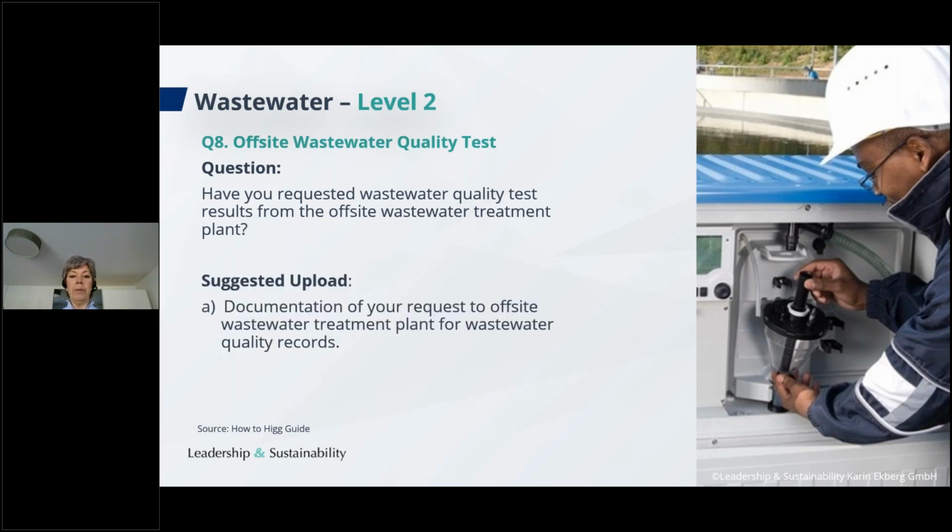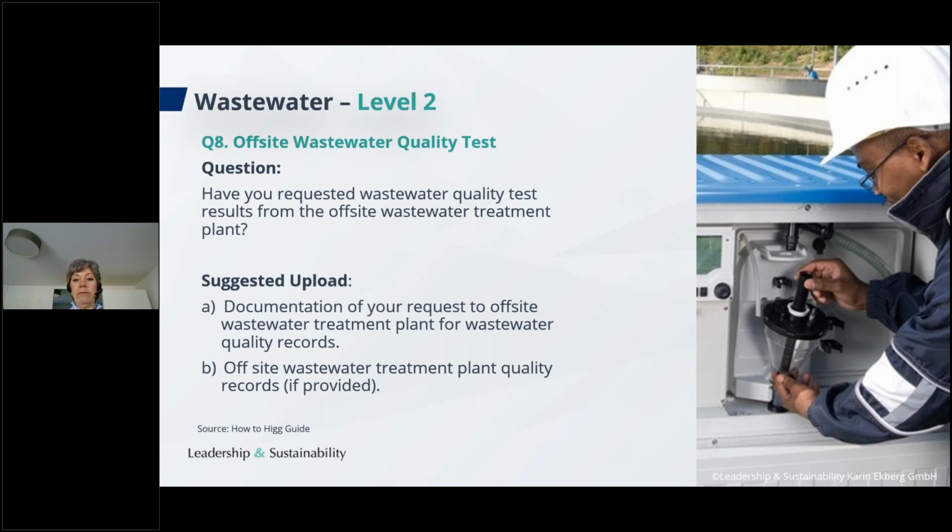The suggested upload is the documentation of your request to the off-site wastewater treatment plant and the quality records if they are provided. So in this question, the very least you must do is to request the test results from the off-site wastewater treatment plant.